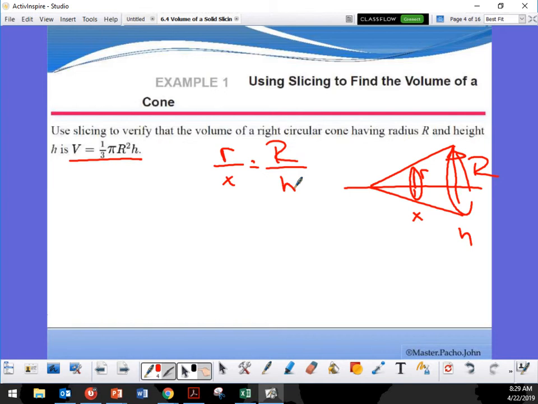Did I completely lose you? No. Do you know what I'm talking about? Proportions, yeah. I'm setting up a proportion because I have too many variables here. Since I'm going to do this as a dx, I want to figure out what my r would be at any point through here. So r over x equals big R over h, so r is equal to R x over h.